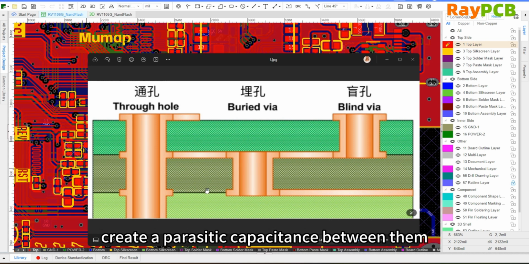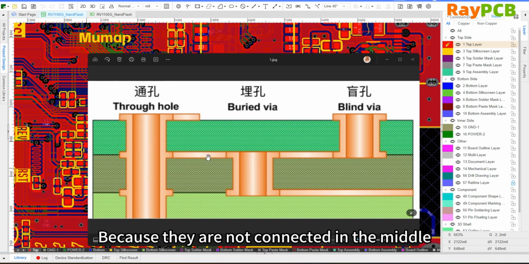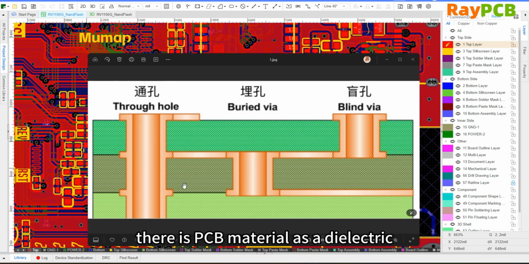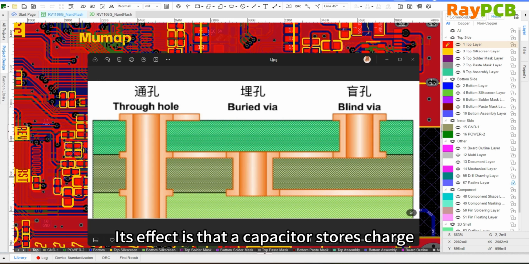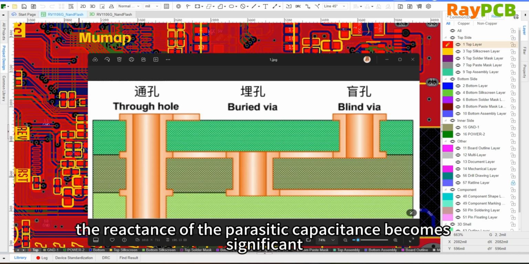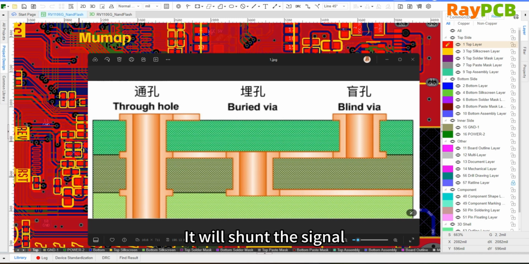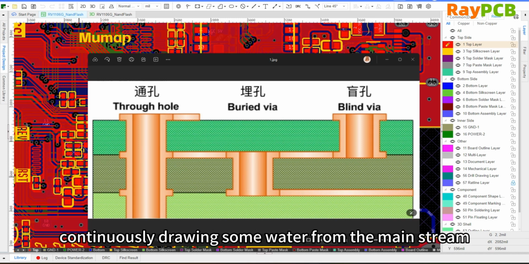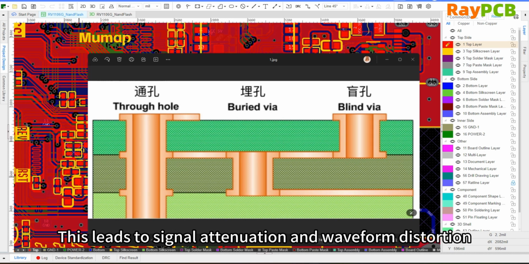A parasitic capacitance is generated between the via wall and these planes because there is no direct connection between them, only the PCB material in between. The effect of this is that the parasitic capacitance acts as a path for charge. At high frequencies, the combined effect of these parasitic capacitances becomes significant, diverting part of the signal, much like a small bubble constantly drawing off some water from a flowing stream, which leads to signal attenuation and loss of signal integrity.